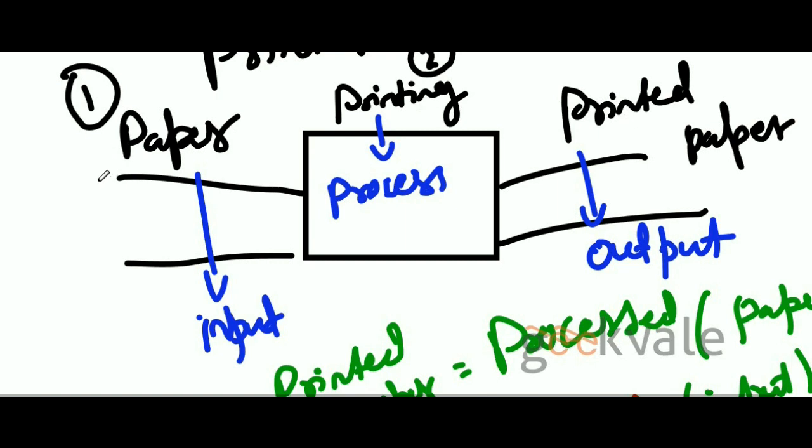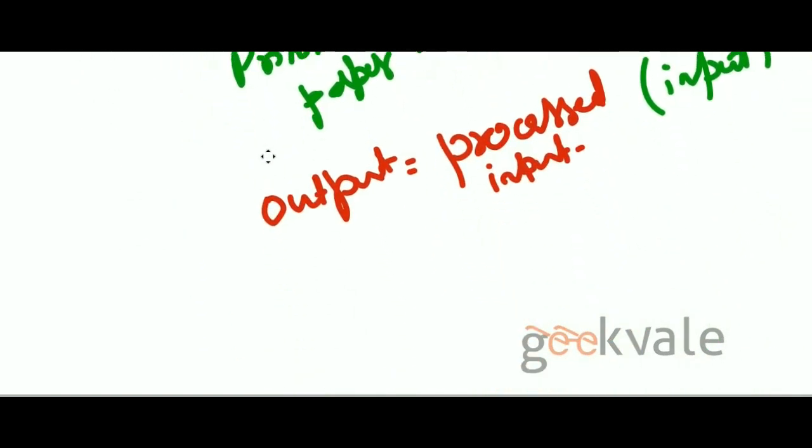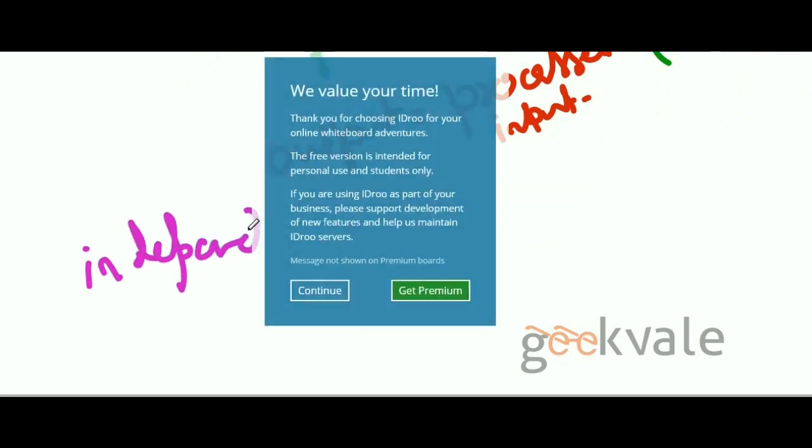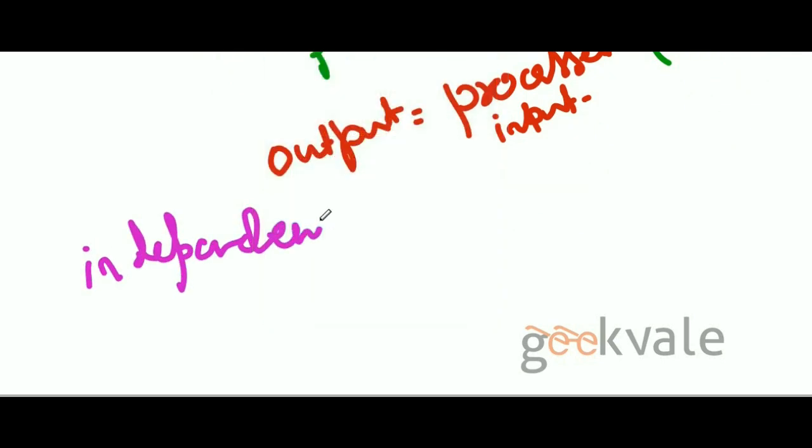This is my choice, whilst this printed paper depends on what I pick here. So I can say that my input to this printer is independent, whilst the output, the printed paper, is dependent.